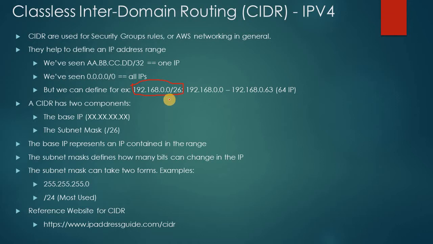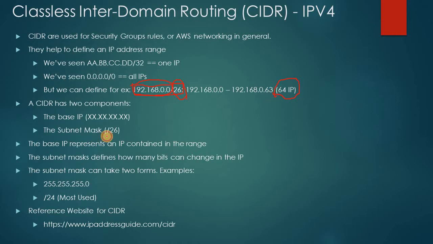In this CIDR block, the first part, 192.168, is the base IP, and the 26 is for the subnet mask. Once you have a subnet mask of 26, you will have 64 IP addresses. So you can launch 64 EC2 virtual machines, right?